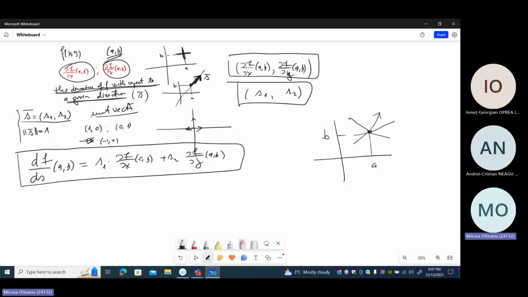This question is important for the following reason. Imagine that we have a function on a domain, and we are at some point (a,b). We would like to know at what points in the domain f takes its extreme values, minimum and maximum. How do we find these points?